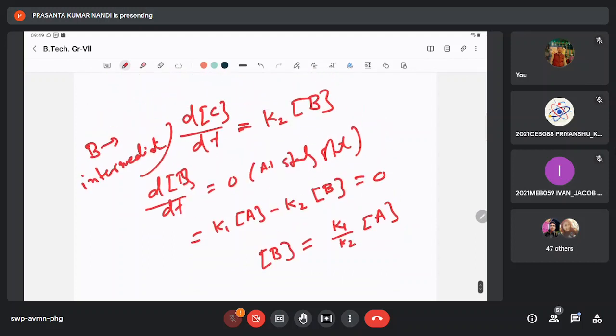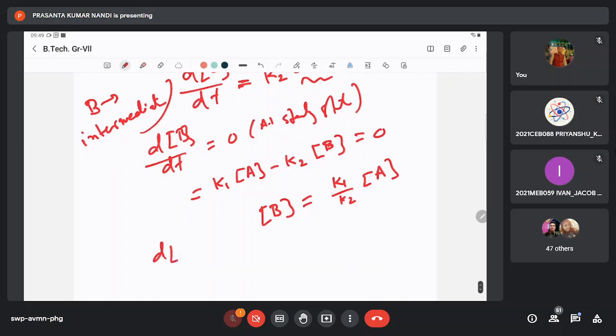Now you put this expression of B here. Then what can you write? dc dt would be equal to K2 into B, that is equal to K1 into A. Okay.